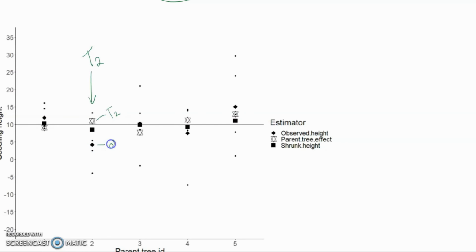This is the observed value of these 5 seedling heights. And then we've got right here our shrunken value. And you can see what's happened is that the observed value of the 5 seedling heights has been shrunken towards the overall mean.